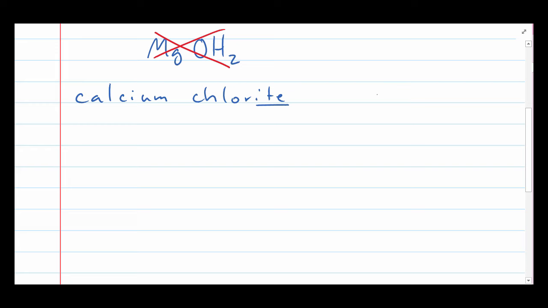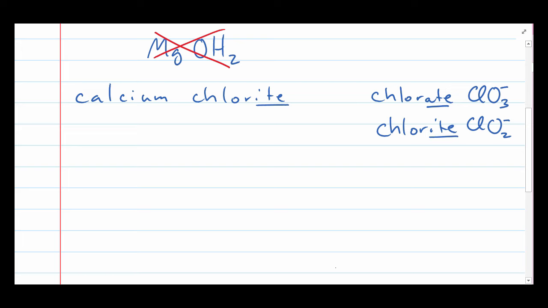We did, however, memorize chlorate, which has a formula of ClO3 with a charge of 1 negative. That means that the chlorite ion has a formula of ClO2 with a charge of 1 negative. Remember, the charge doesn't change, only the subscript does.